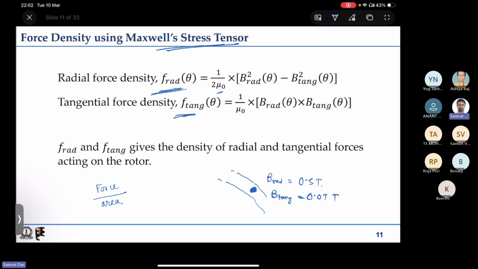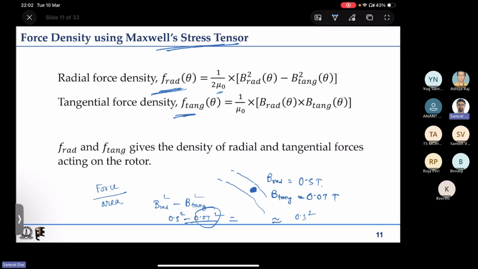If you do B rad square minus B tan square, that is 0.5 square minus 0.07 square. If you calculate it, the result will be approximately equal to 0.5 square only, because the second portion is almost an order smaller than the first one, and when squared, its impact is quite low.